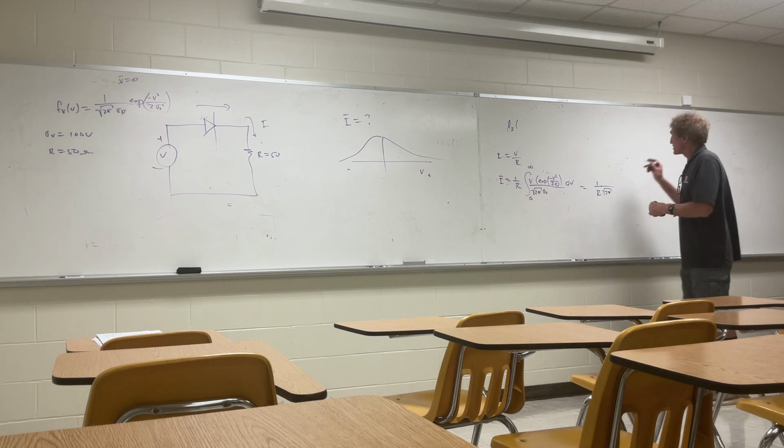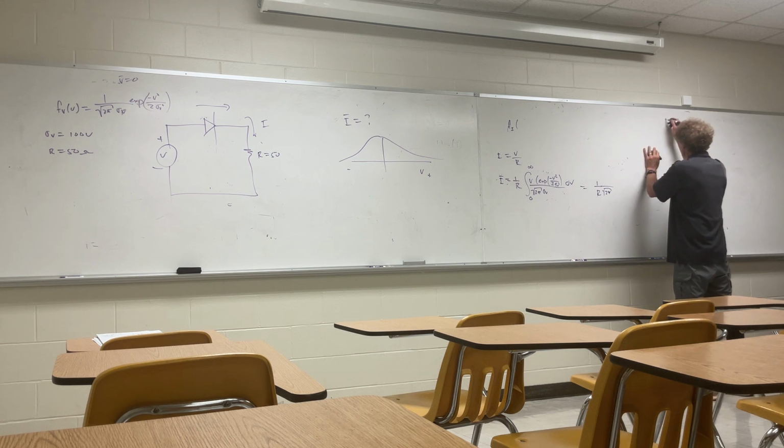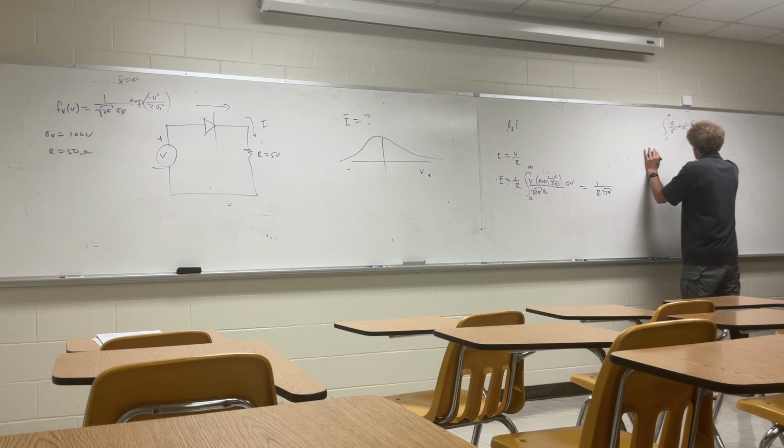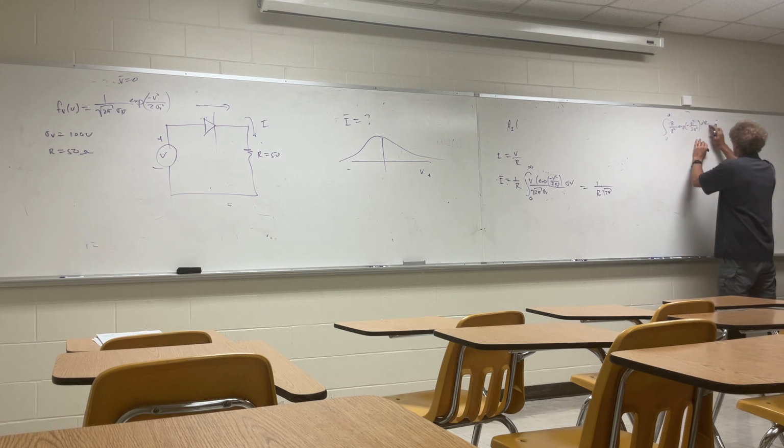I know that if I integrate from 0 to infinity of R over sigma squared, exp to the minus R squared over 2 sigma squared dR, that's a Rayleigh distribution. For that Rayleigh distribution, the result is square root of pi over 2 times sigma.